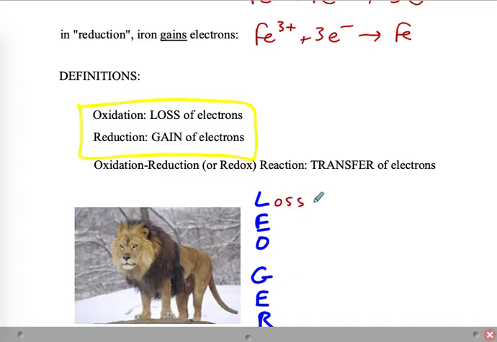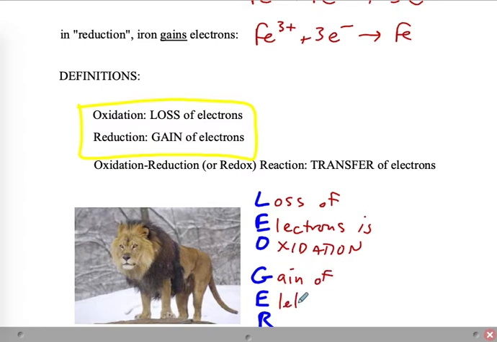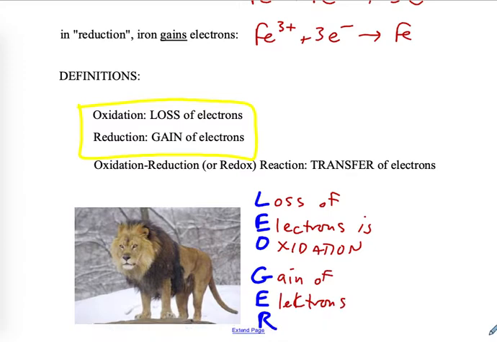It means loss of electrons is oxidation, and correspondingly gain of electrons is reduction. So there's our original and most narrow definition of oxidation and reduction.